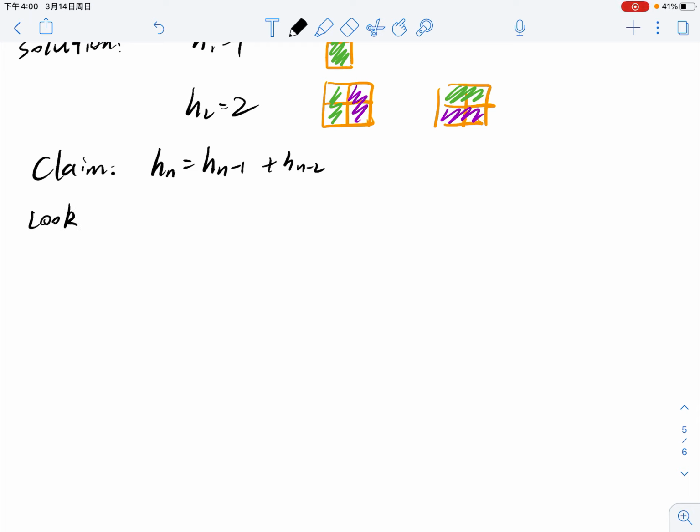Because, look at the first block on the left upper corner.